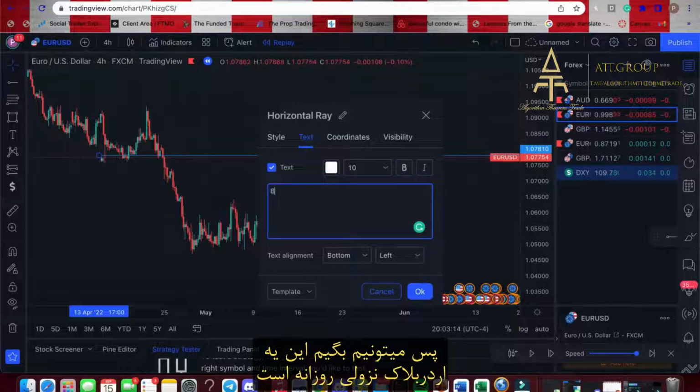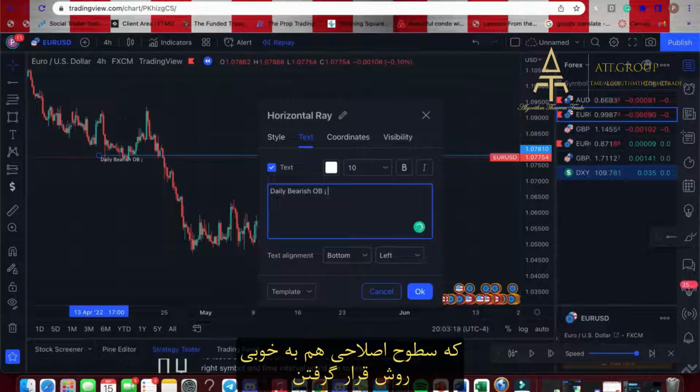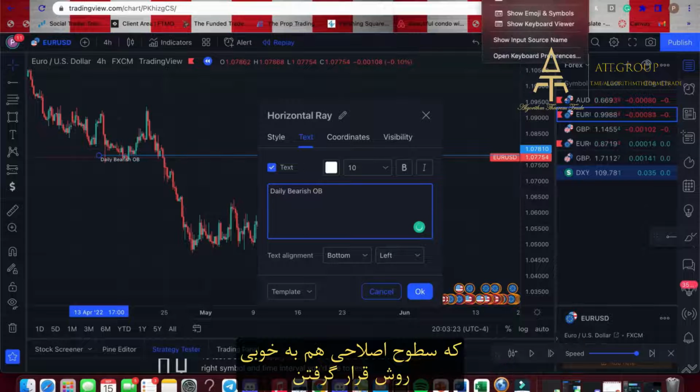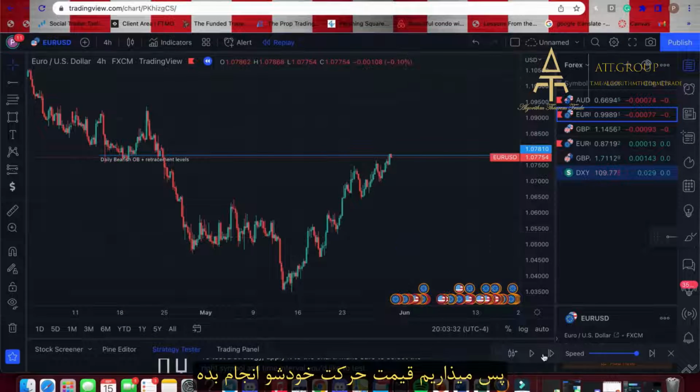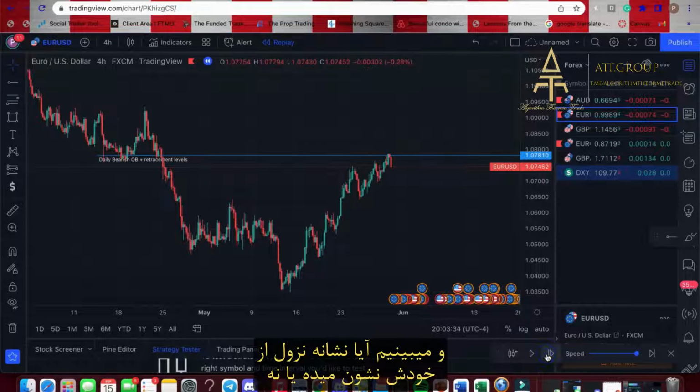So we can say this is a daily bearish order block with retracement levels, using our retracement levels. We let price do its thing and we try to see for any signs of bearishness from there.